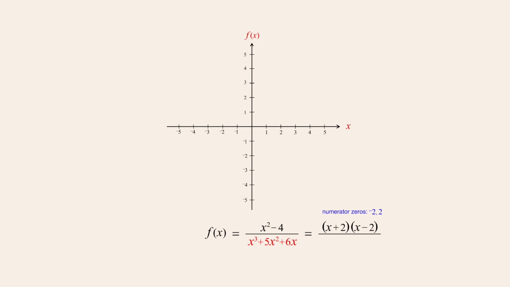To factor the denominator, we start by factoring out the common factor x from each of the three terms. Once we have factored out the x, the remaining quadratic expression x squared plus 5x plus 6 can then be written as the product of two linear factors, x plus 2 and x plus 3.